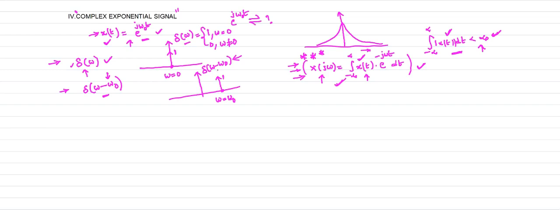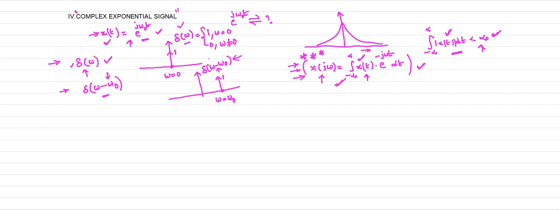Now what about your delta of omega minus omega naught? It is the shifted version of delta of omega by omega naught units towards the right hand side, because I am using the minus sign. Whenever I use the minus sign, the signal is shifted right hand side by omega naught units.